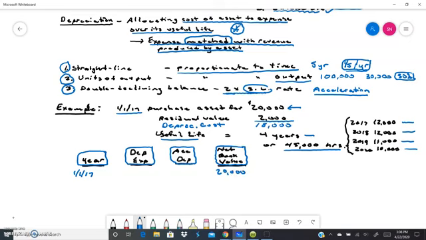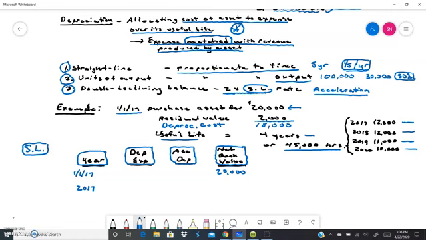Now, again, we're going to use the straight line method. That's the first method we're going to use. So at the end of 2017, on 12/31/17, we're going to make an adjusting entry to record depreciation. And under the straight line method, we're basically going to take the depreciable cost.